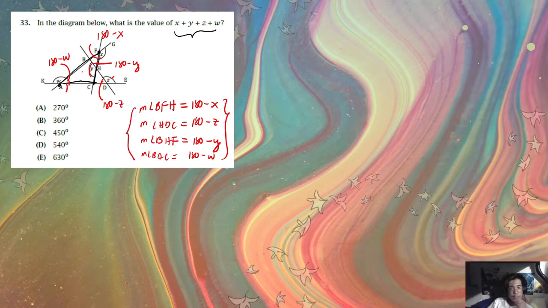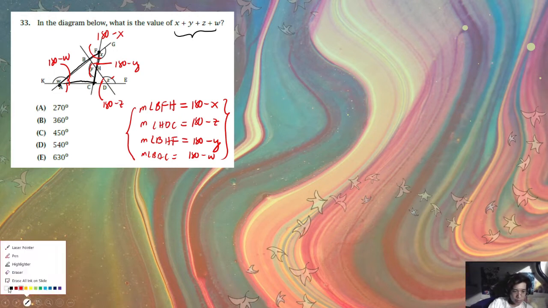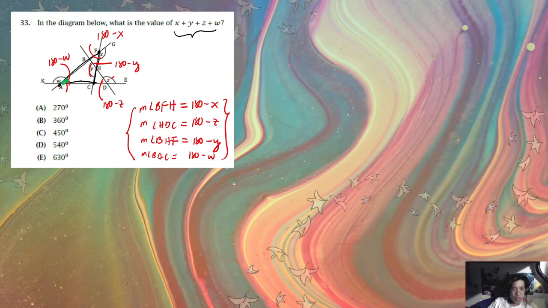If we look closely again at our big triangle, let's use a different color. We already know the measurement of this green angle over here. We just don't know the measurement of this other green angle.